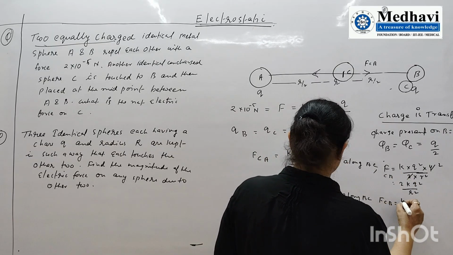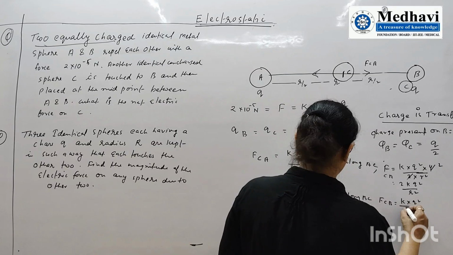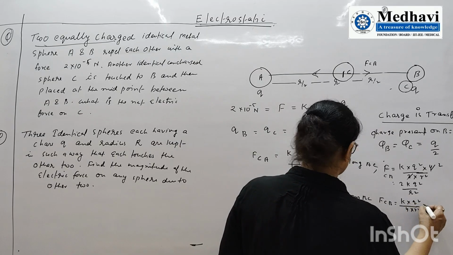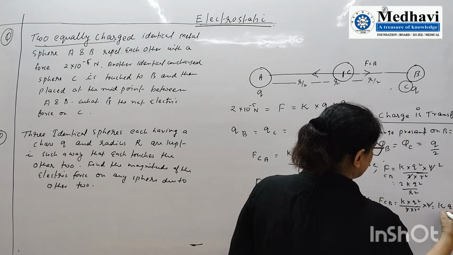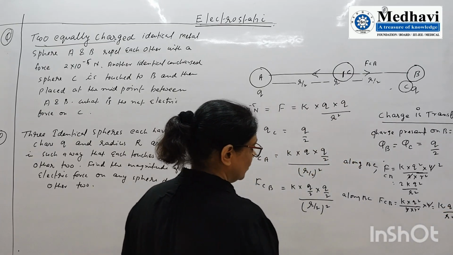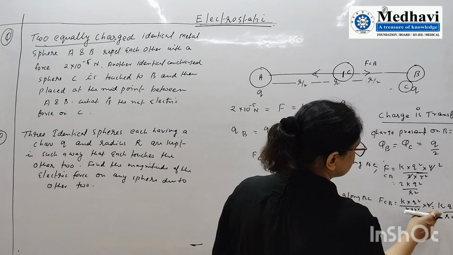This is K Q square by 4 R square, this 4 will be cancelled, so it is K Q square by R square. So this force is the bigger force, this is the smaller force.